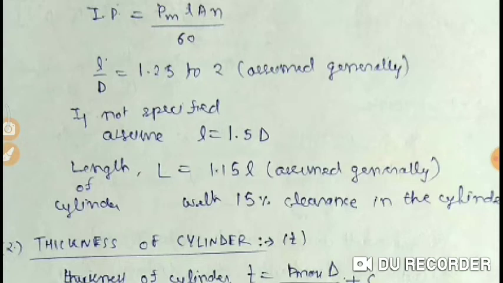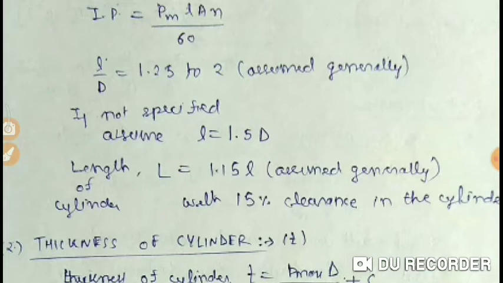This is because the length of the cylinder will be more than the length of the stroke, because the cylinder works with the piston, and the piston head at the top dead center must not touch or wear out against the head of the cylinder.